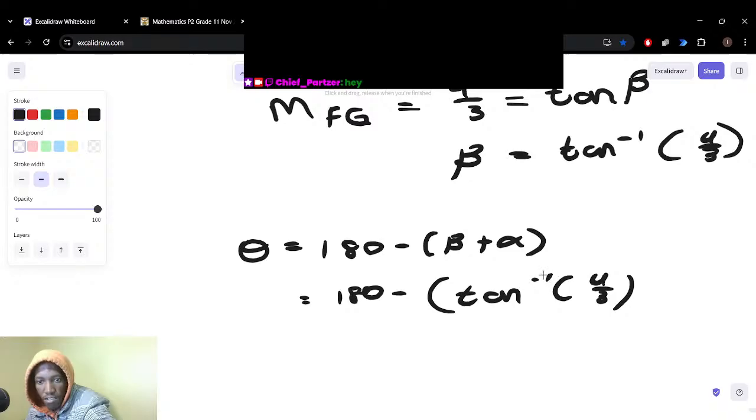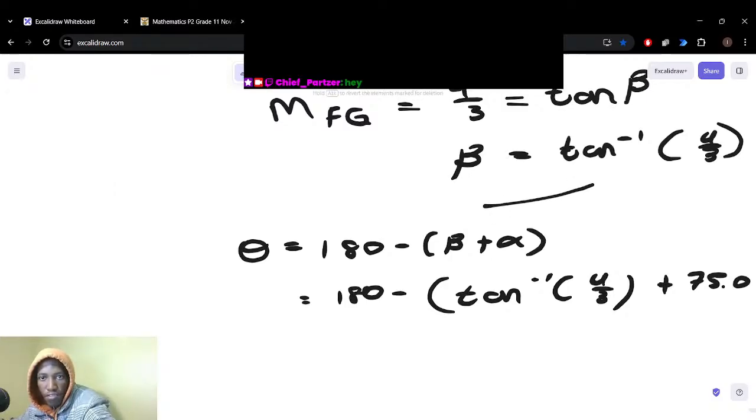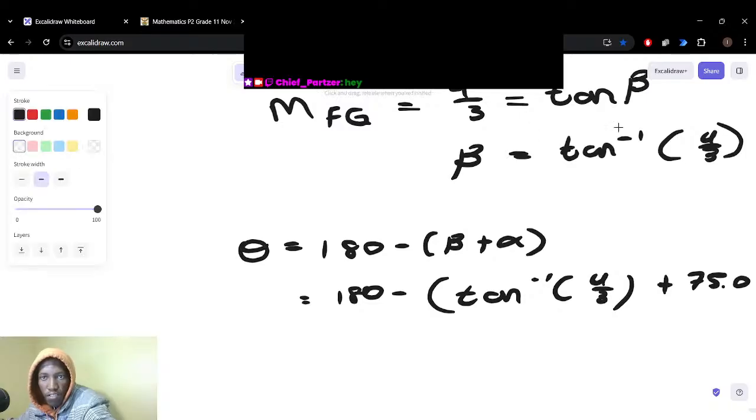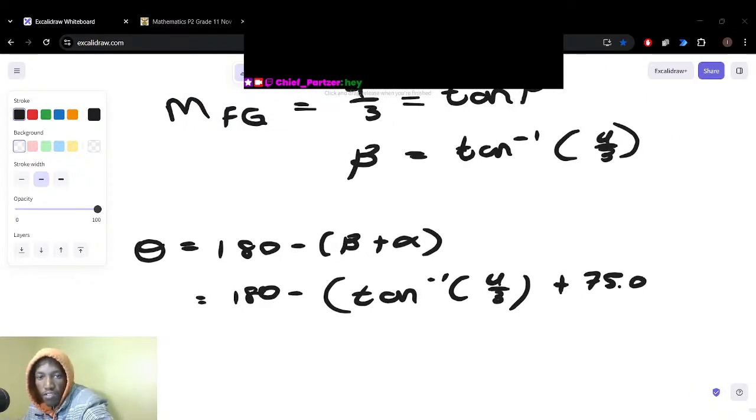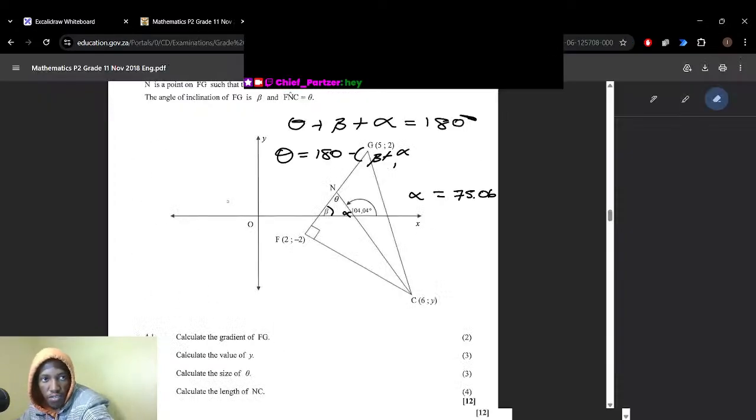Please take note of this negative one: this is not tan, but the inverse of tan. Plus 75.06. Then you'll get the answer for theta, which answers 4.3.